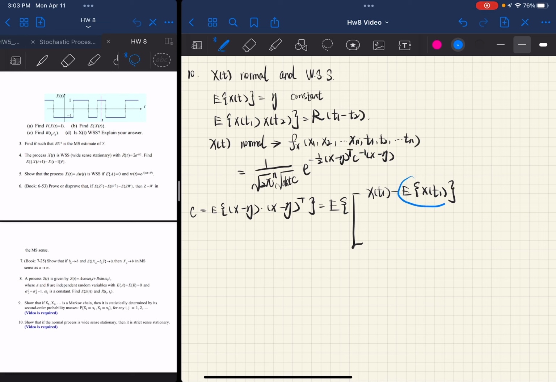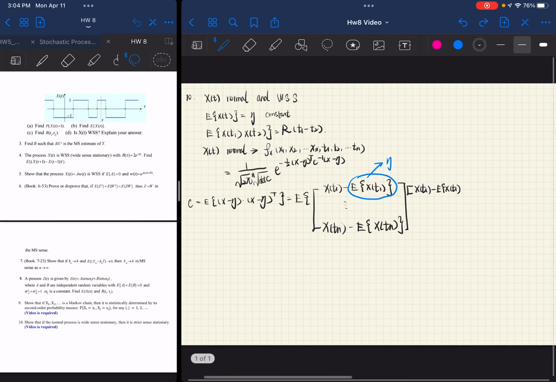And because we have said that this is equal to a constant due to the property of wide-sense stationary process, and similarly we have X(t1) to X(tn), and times the transpose of this term.